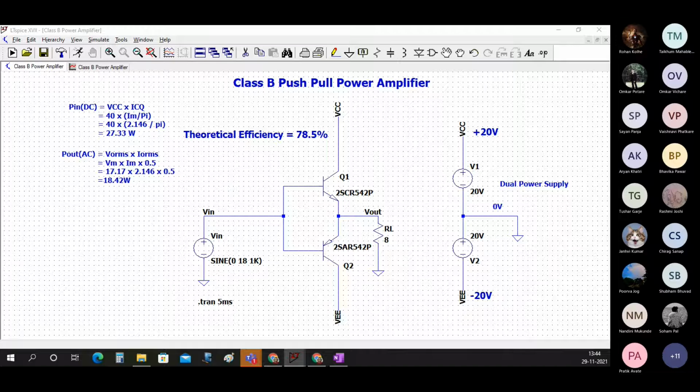And now very easily you can write the efficiency, that is output upon input. Output power is 18.42 and input power is 27.3.